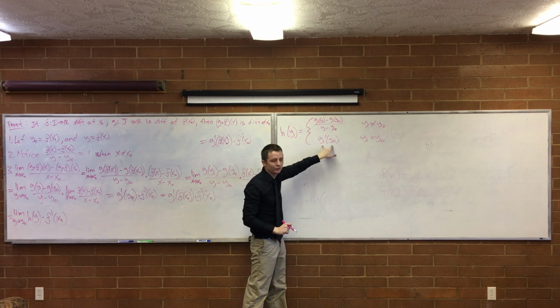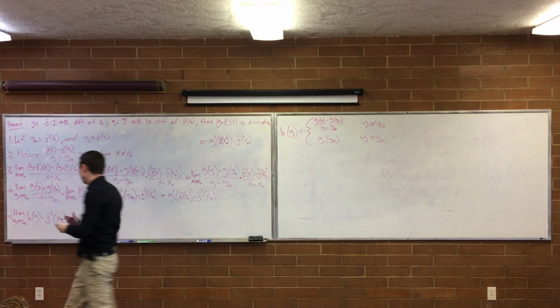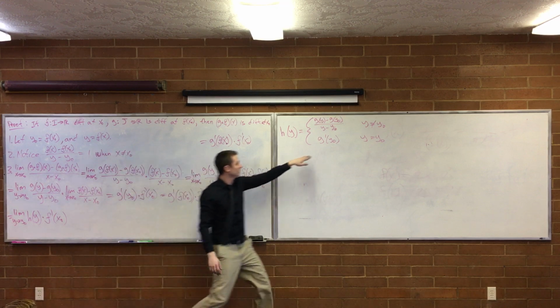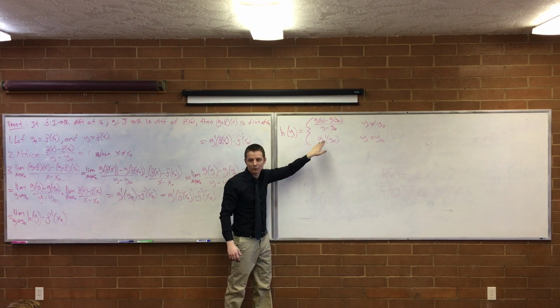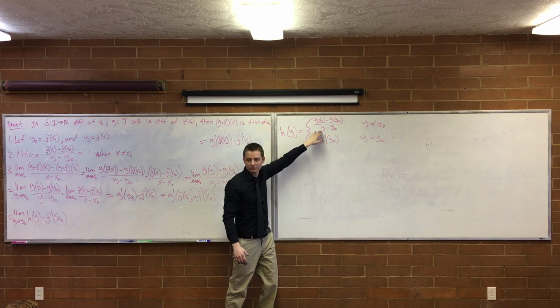And if it is, we evaluate this, which comes out to g prime of y naught. In either case, it comes out to g prime of y naught. It's not a very important detail, but it is a detail that you do have to mention because as x approaches x naught, y may take on the value of y naught. And so you could divide by 0 here. But we just define this to be a function, and we manually stick in that value for what it is, because we know that's what this is going to evaluate to anyways.